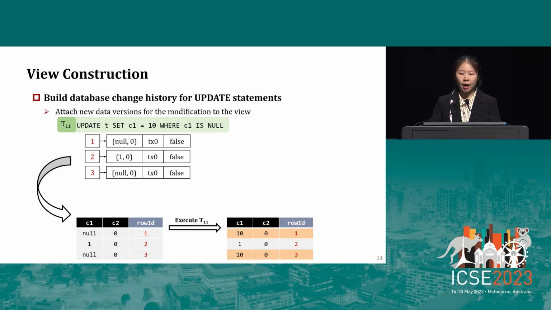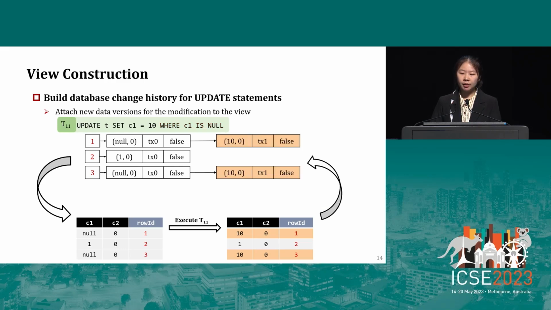Then we execute the update statement on its database view. To obtain the updated rows, we construct a select statement with the same condition as the update statement and execute the select statement on the view. Finally, we update the database change history by attaching the versions of the two updated rows and setting the TS field as TS1.